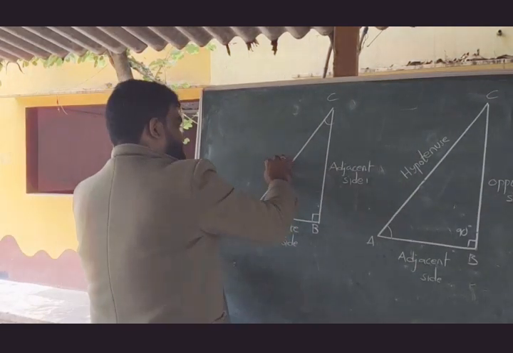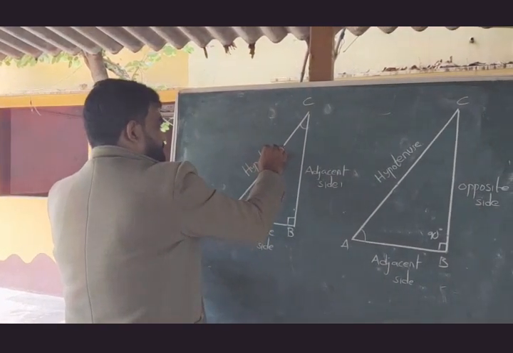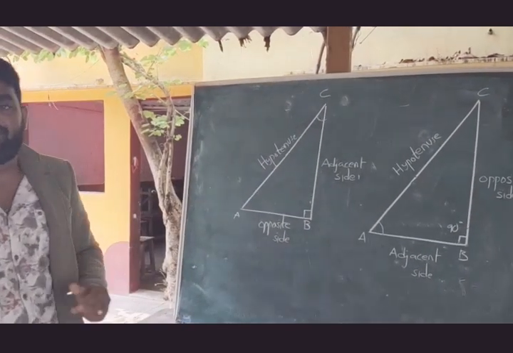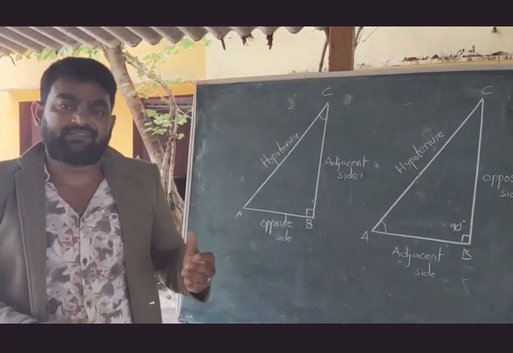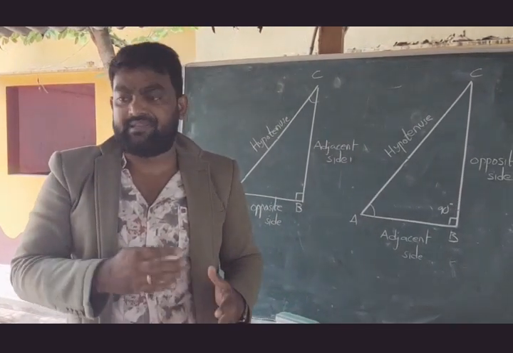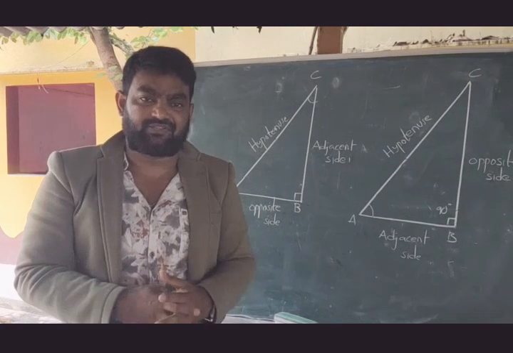So obviously, the three sides of a triangle contain 6 different ratios.